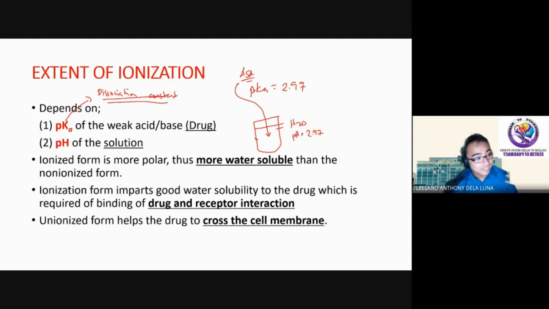It will completely dissociate. Are we clear? Kasi, andoon ako sa kanyang dissociation constant, which is 2.97. Naintindihan ba, class? Ibig sabihin, my aspirin will start to dissociate into its conjugate base and hydronium ions completely. Dito maghihiwa-hiwalay na yan, lahat ng charges niya.